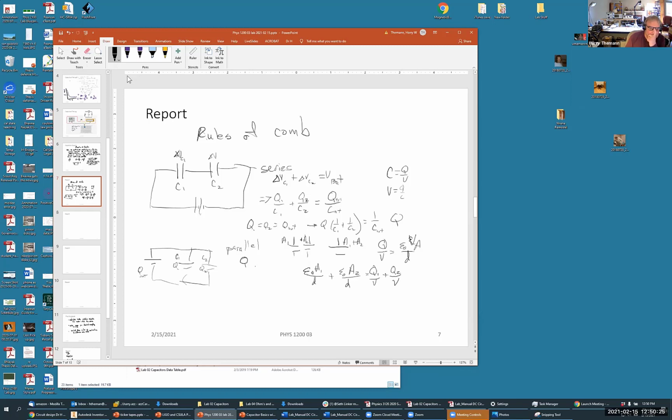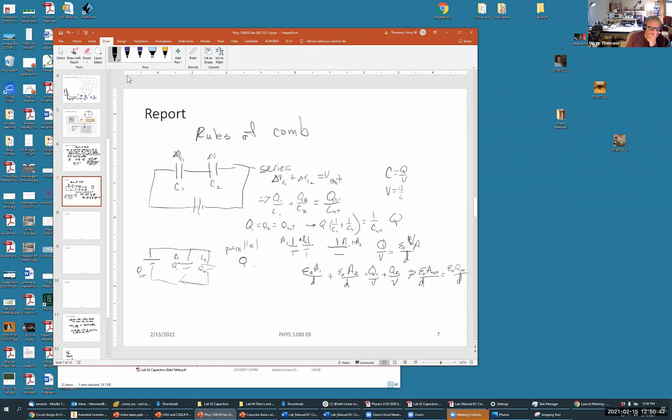So this implies that epsilon 0 A total over D equals Q total over V, and since A total, this can be done better. I'm just making this up quickly, and now we see how Q total equals Q1 plus Q2. So for the point of a report, you just say in the parallel combination, Q total equals Q1 plus Q2.